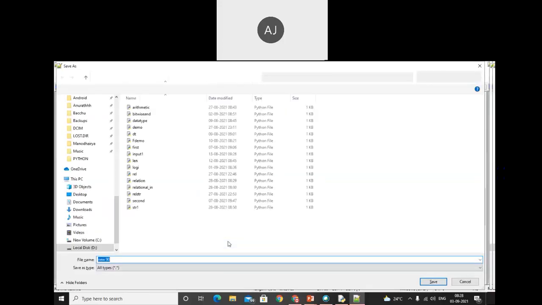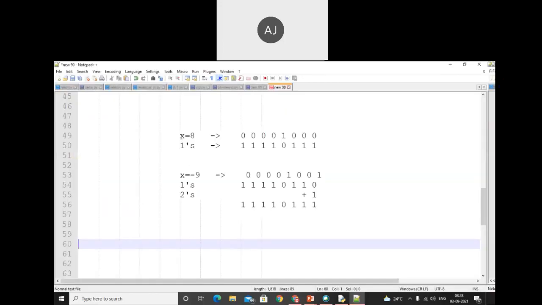Now we need to check the one's complement of x and the two's complement of minus 9. If both values match, see, when we use x and when we use the negation operator, we get minus 9. And this one is the minus 9 binary representation, because minus 9 is a negative number and that number will be stored in memory in the form of two's complement.